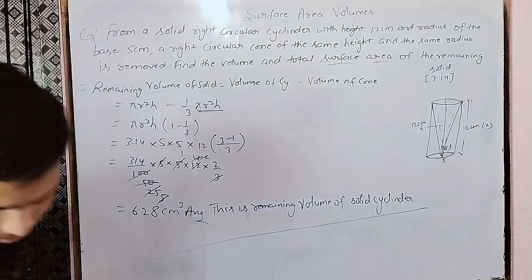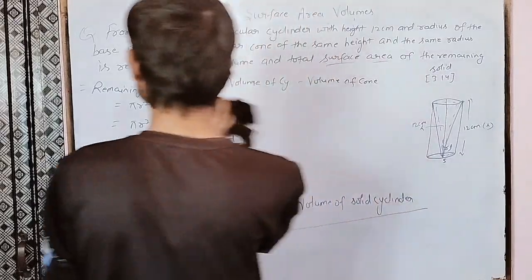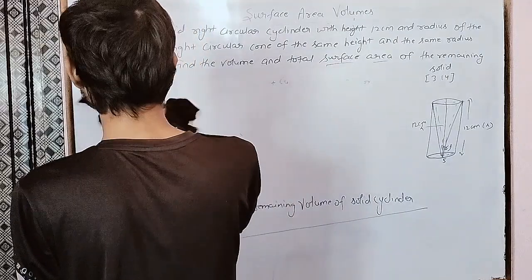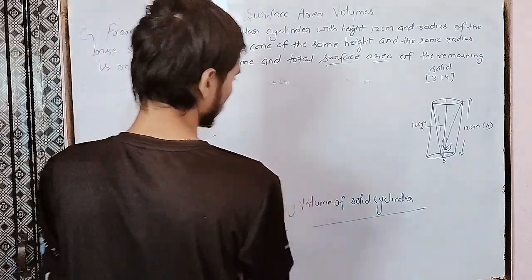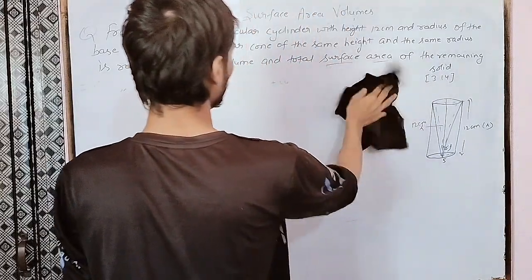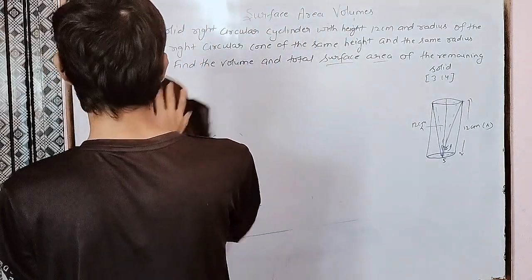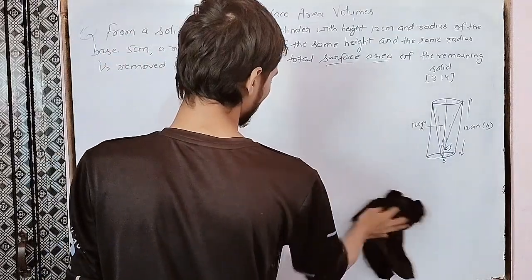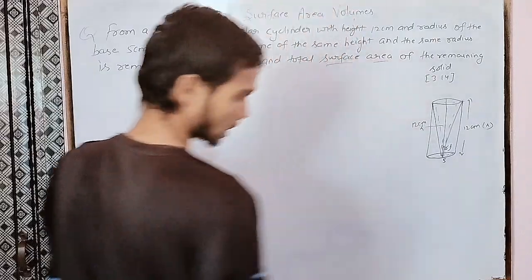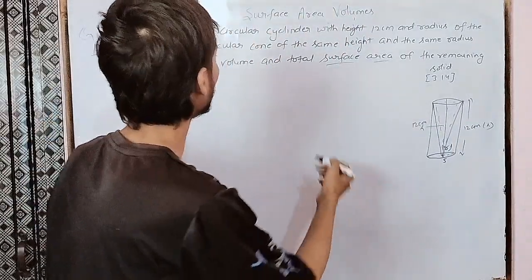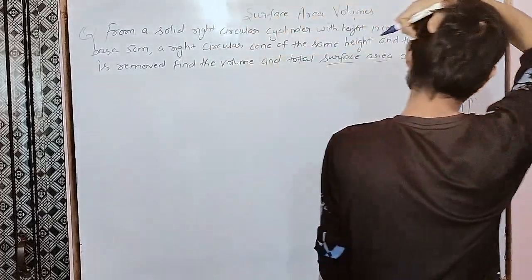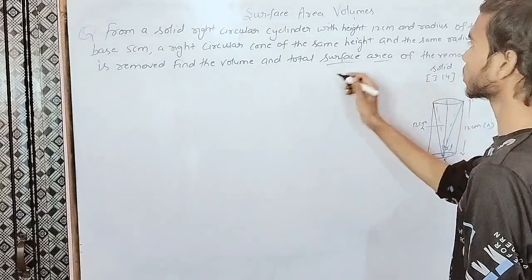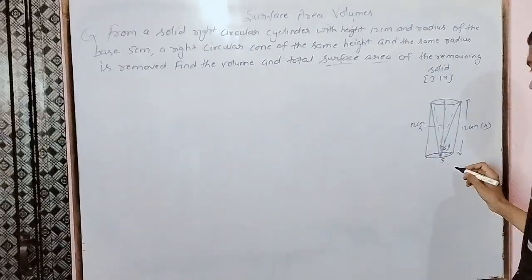We don't have to find the remaining volume, we have to find the total surface area of the remaining solid.